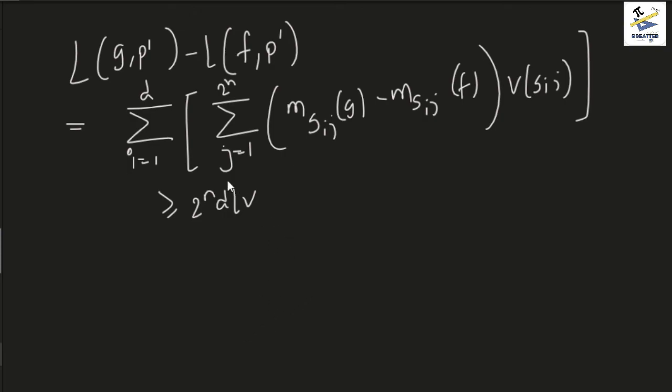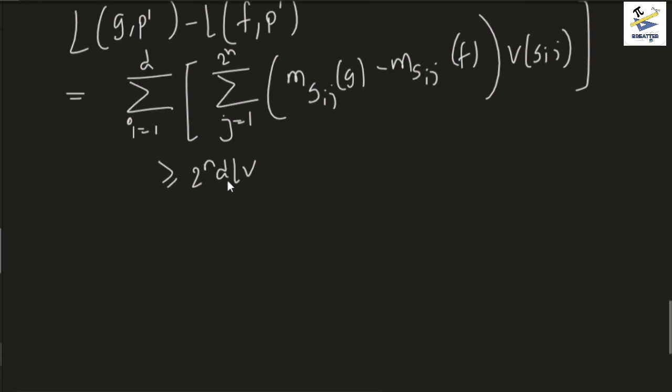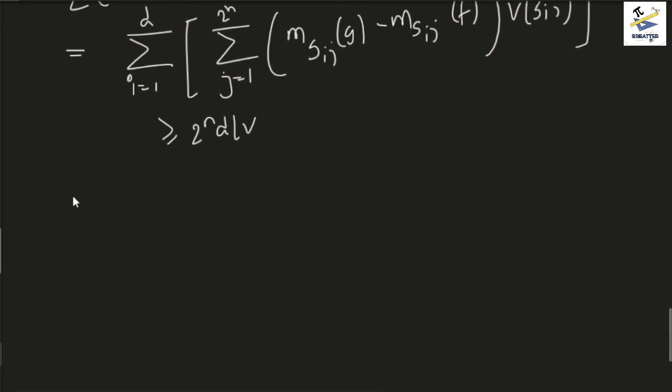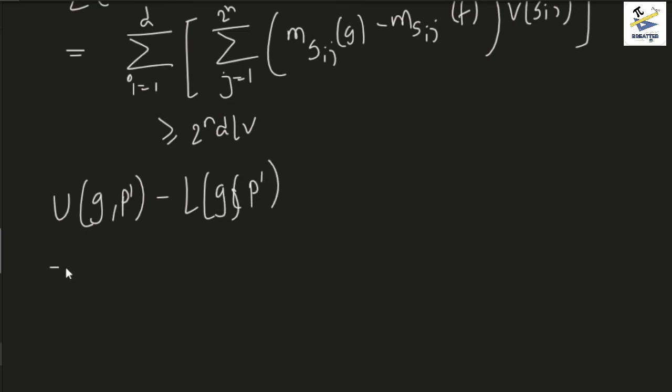So basically what we want to understand here is we wanted to find u of l minus g of l, right? So ultimately we can show that the upper sum of g with respect to p prime minus the lower sum of g with respect to p prime is equal to this definition limits, right? So the upper sum of g of p prime is basically summation over all rectangles.